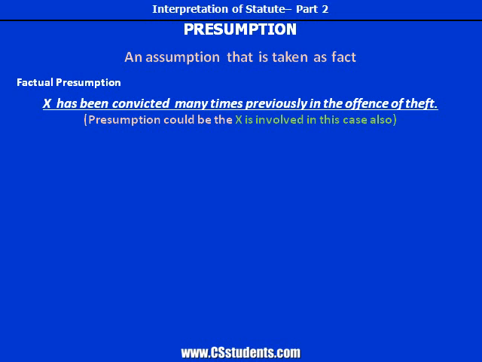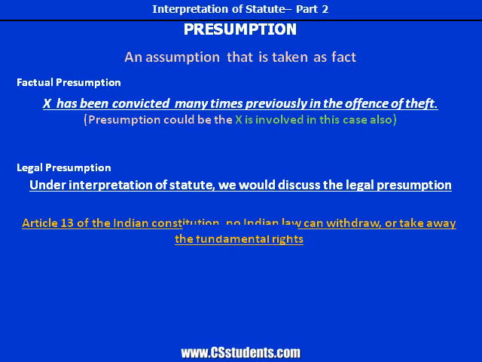Under interpretation of statute, we need to deal with the legal presumption. Let's take another example. As per Article 13 of the Indian Constitution, no Indian law can withdraw or take away the fundamental rights given to the persons in India.